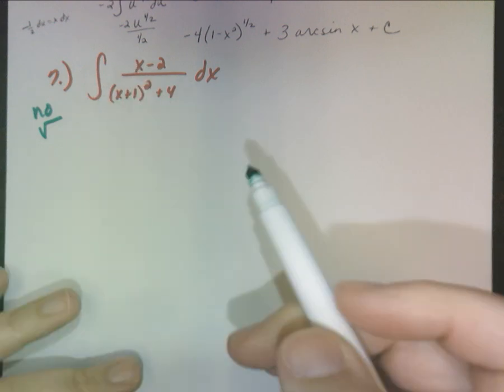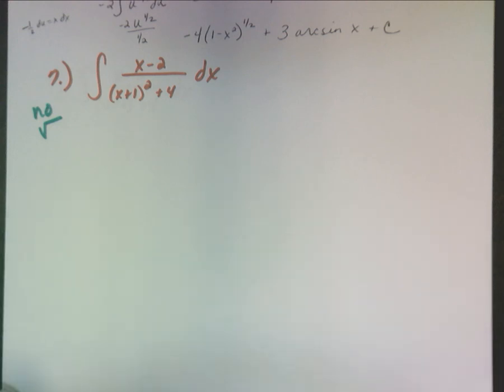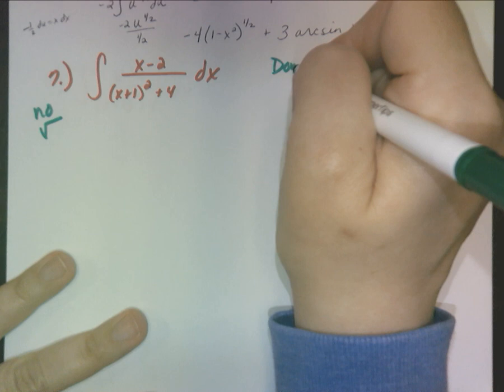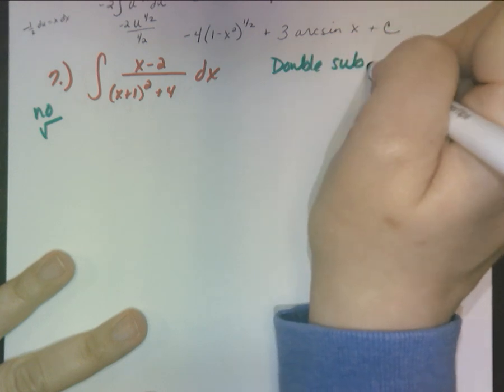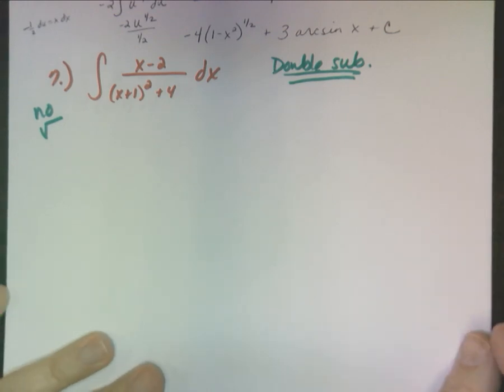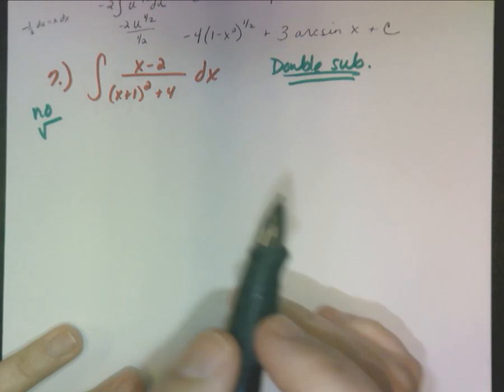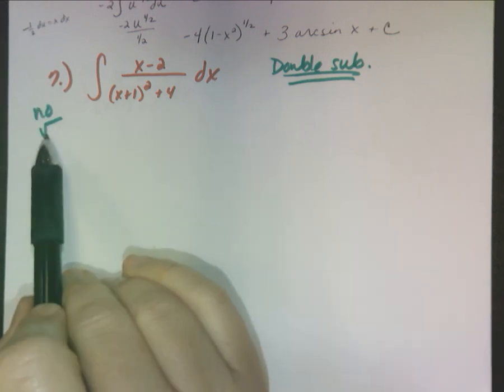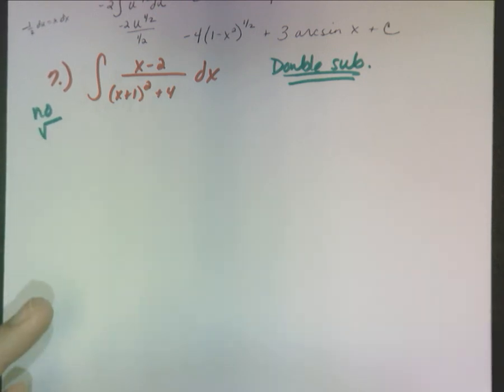So you can try it, obviously, and see why it doesn't work. So you're actually going to want to do something called double substitution here. And I'll show you what that is. You've done like one problem like that, but again, not too many of these will happen on the homework tonight, but let's see. So if you look at this again, there's no radical, so it's definitely going to be arctan.